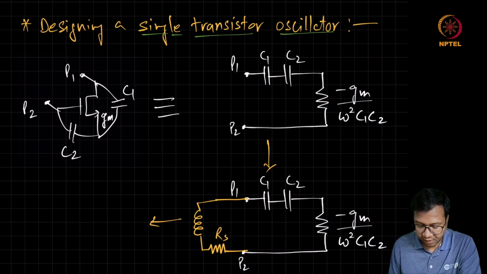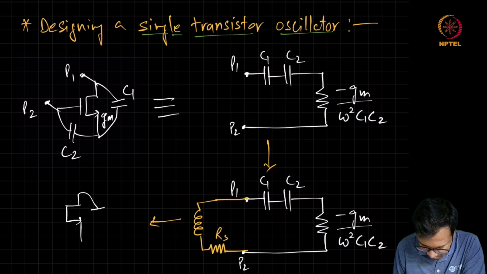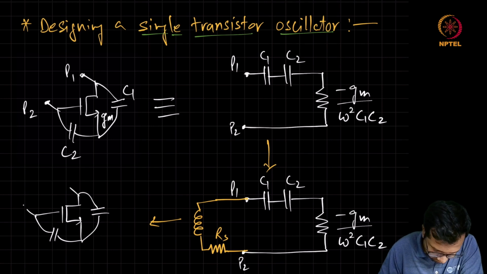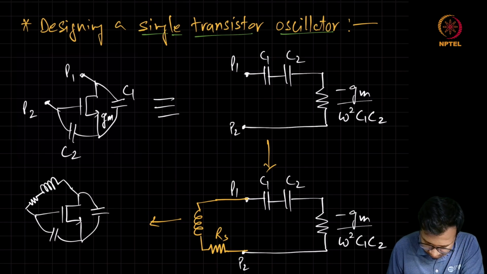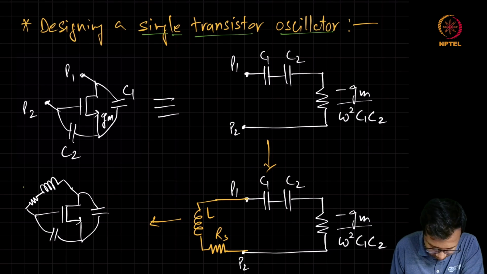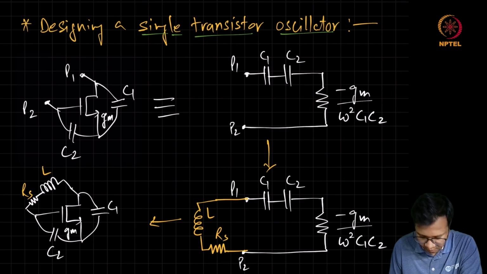So if we draw the circuit using the transistor, to GM.